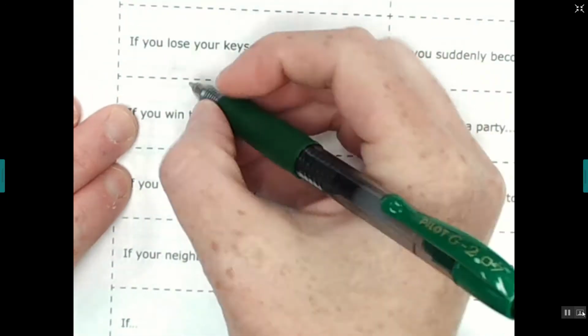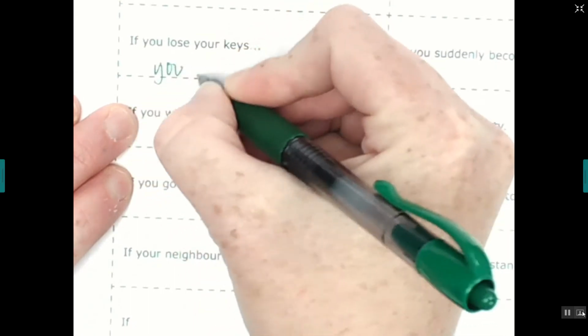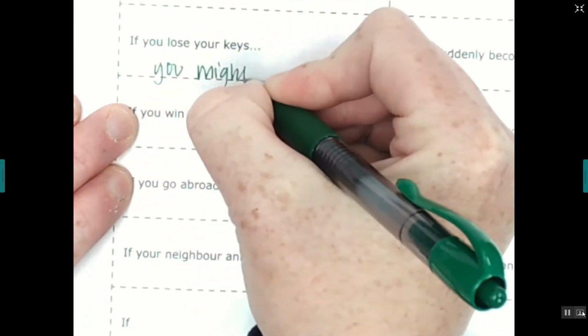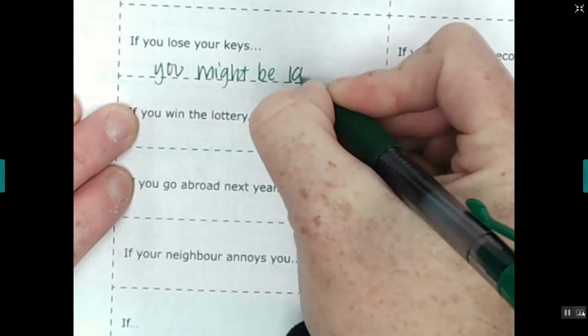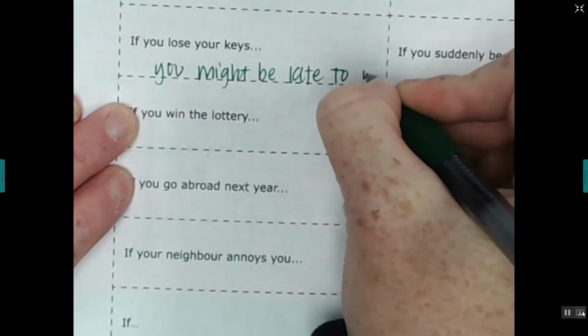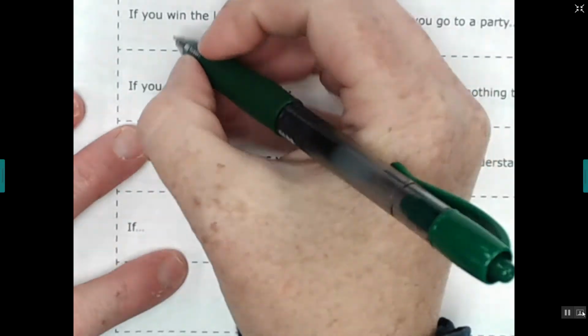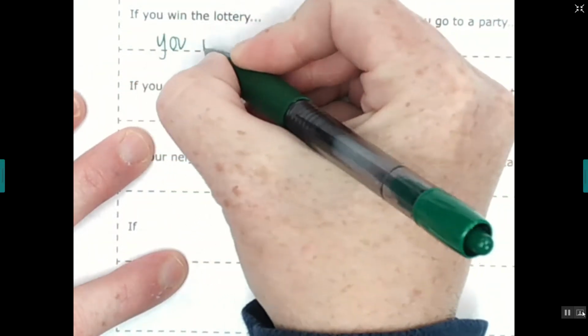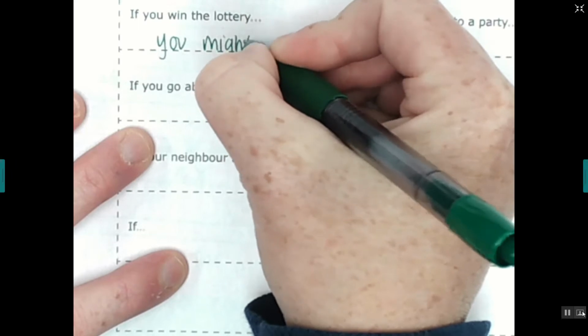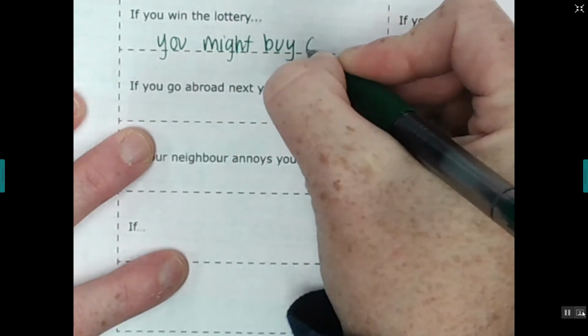If you lose your keys, you might be late to work. Right? If you win the lottery, you might buy a new house.